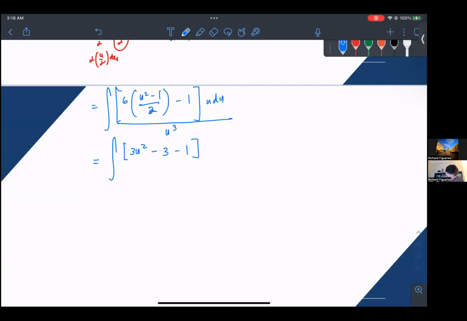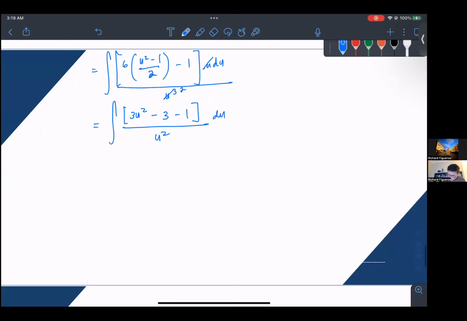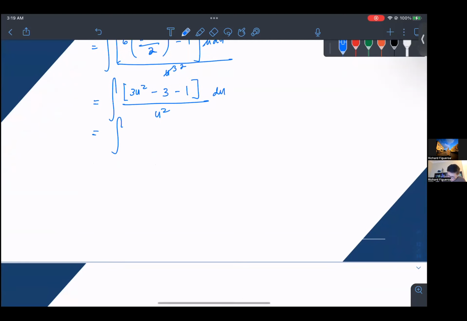By the way, u will cancel out, but 2 remains there, all over u over u squared. So u squared, then du. Which is the same as 3u squared minus 4 all over u squared du.